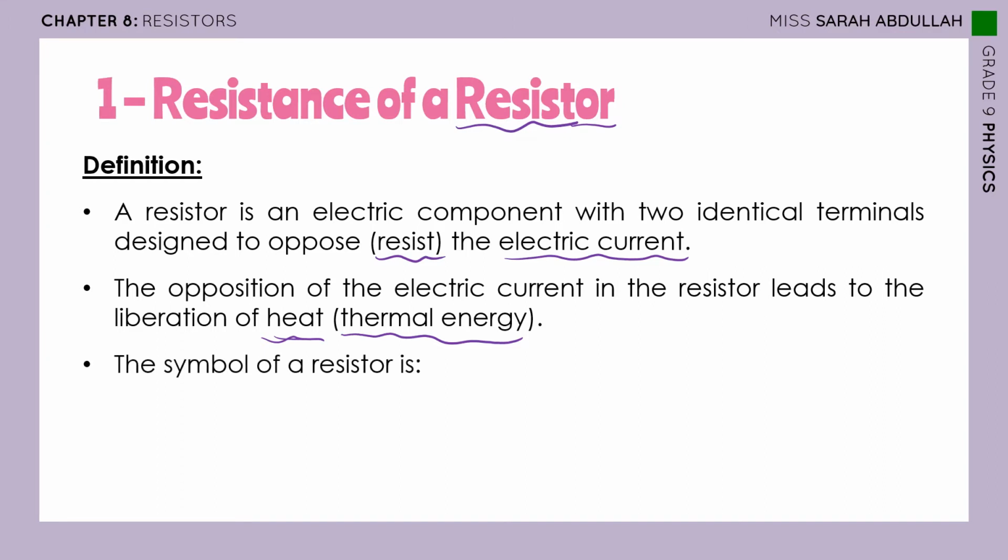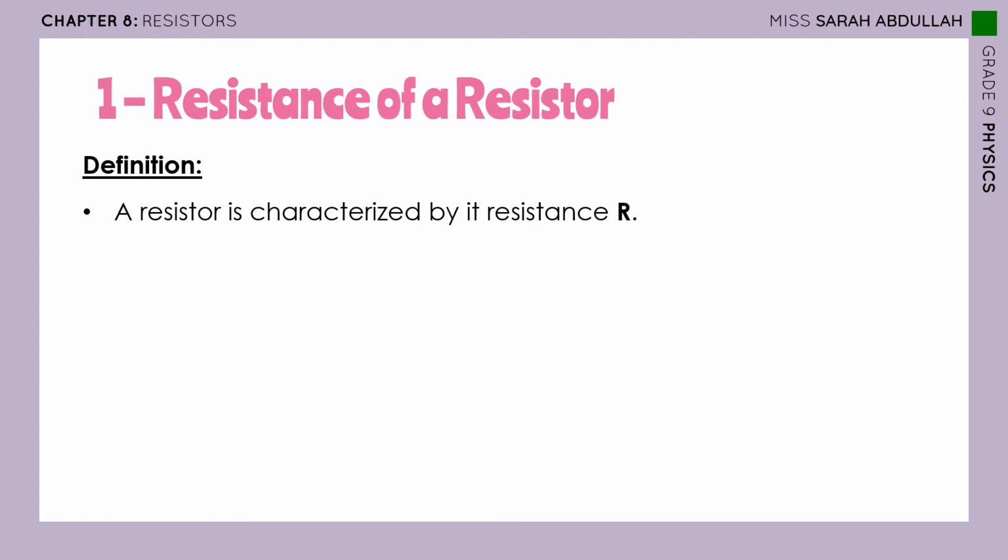Now, what is its symbol? This is the symbol of a resistor. It is simply a small rectangle with a letter R in it, or you can draw it like a zigzag line. This is how we represent a resistor in an electric circuit. Now, this resistor is characterized by its resistance. Not all resistors are the same, they are different.